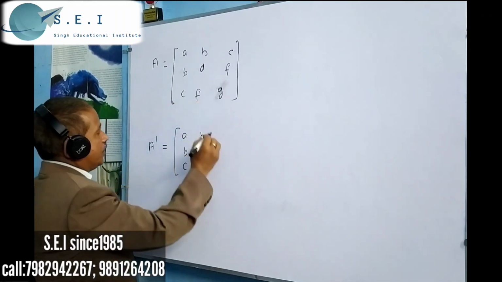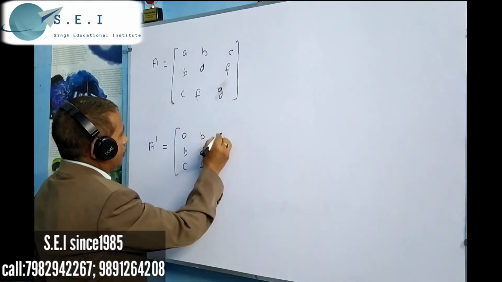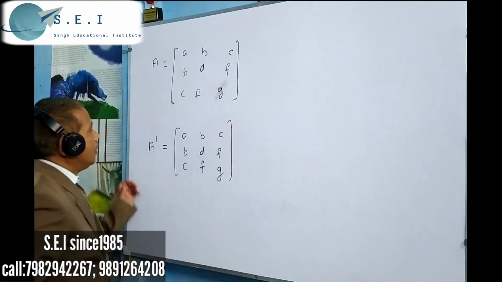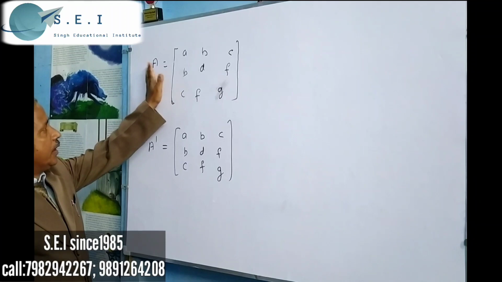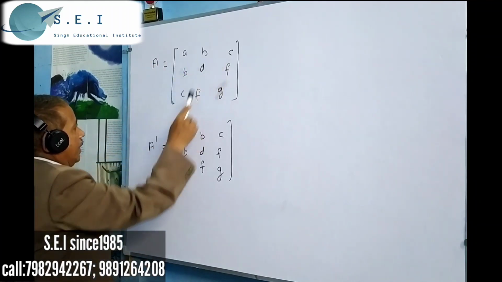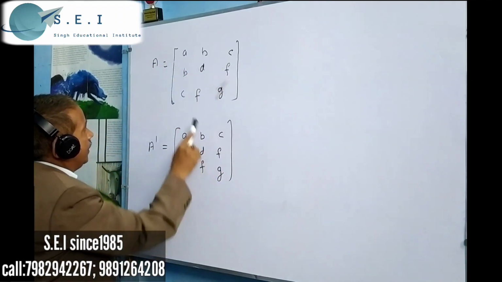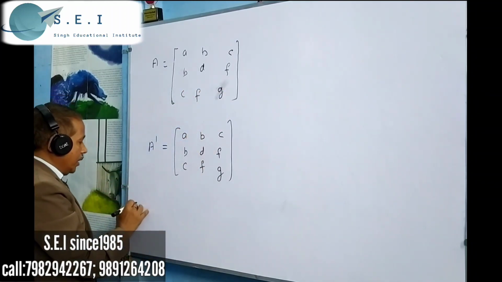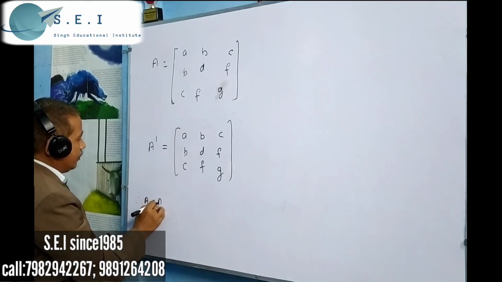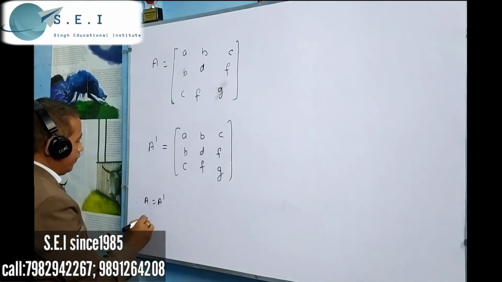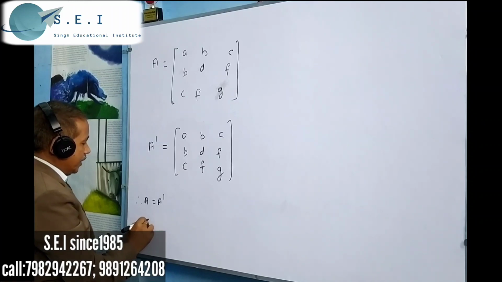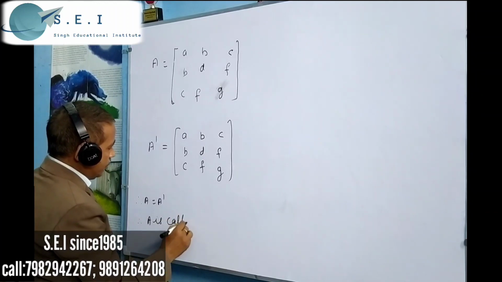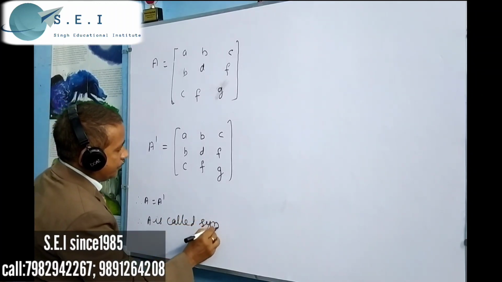The third row is converted into the third column, which is c, f, and g. Look carefully, A and A dash, the transpose of A, are looking alike. It means A is equal to A transpose, and therefore matrix A is called a symmetric matrix.